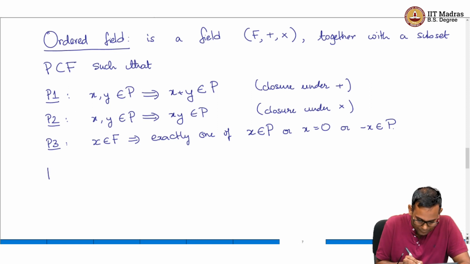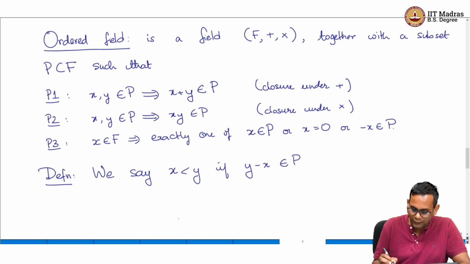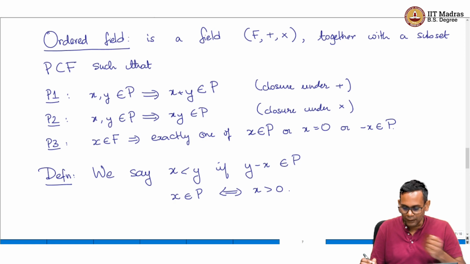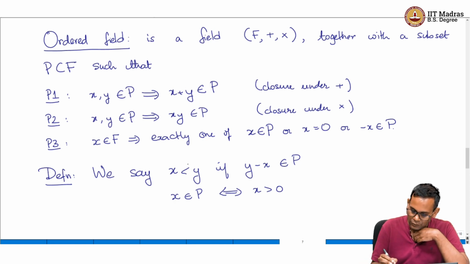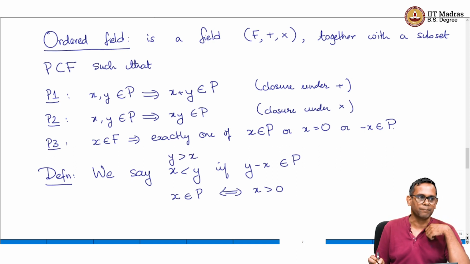So, we say that x is less than y if y minus x belongs to P. In particular, you can think of the statement x belongs to P as being the same as saying that x is greater than 0. So, I will use x is less than y interchangeably with y is greater than x, all these mean the same thing.